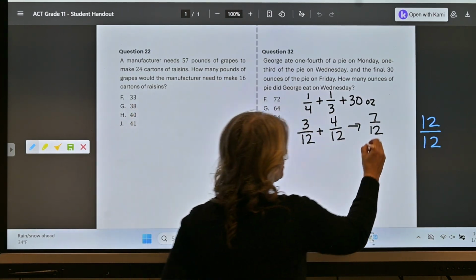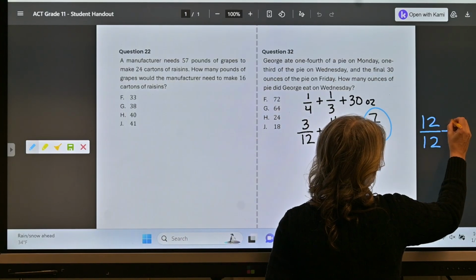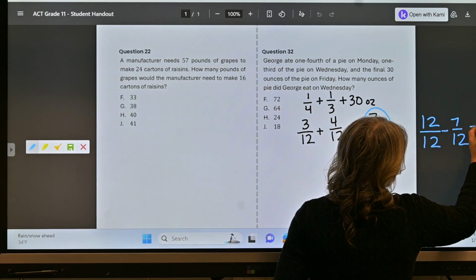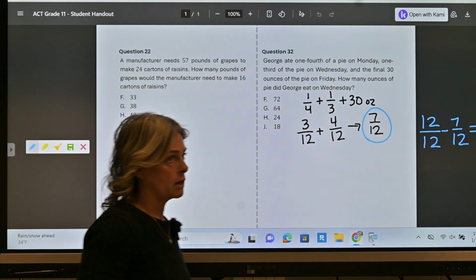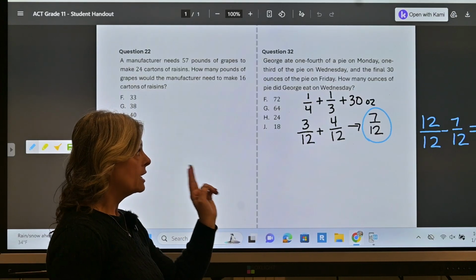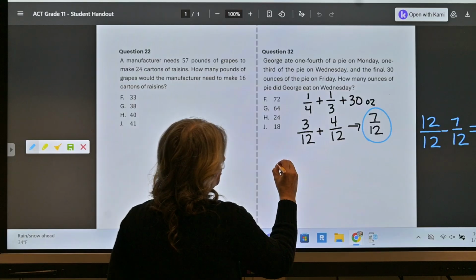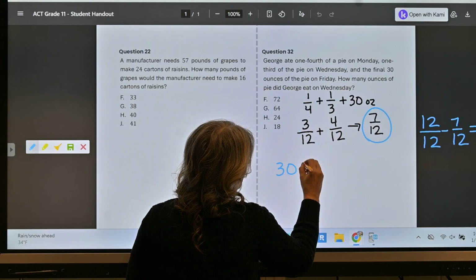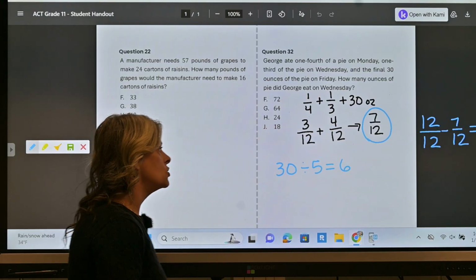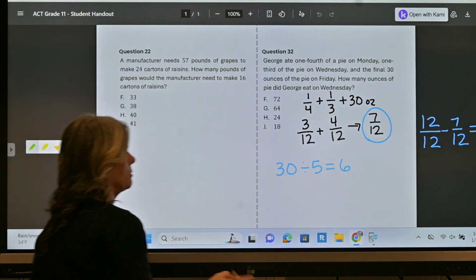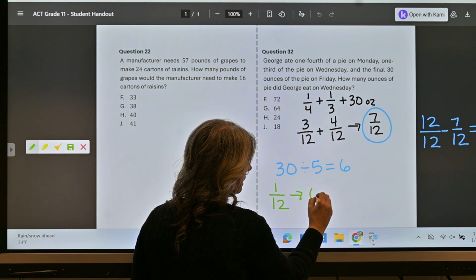I have 7/12 between Monday and Wednesday. So I'm going to subtract that, okay? So minus 7/12. So that means I have 5/12 left over, okay? I'm going to take that 30 ounces and I'm going to divide by 5, okay? So 30 divided by 5 is 6. So for each 1/12, that is 6 ounces.